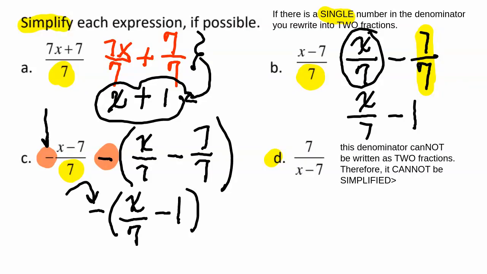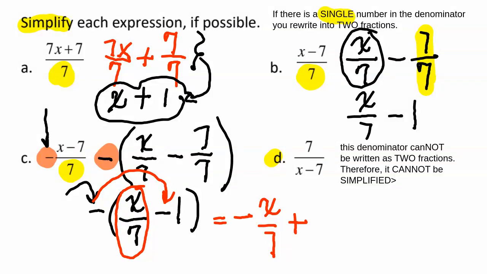But remember, that negative means take the opposite, which means I have a positive right here, which is going to give me a negative x over 7. But then this negative is distributing to give me positive 1.